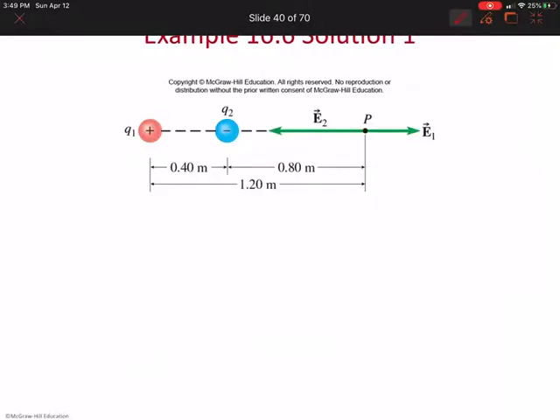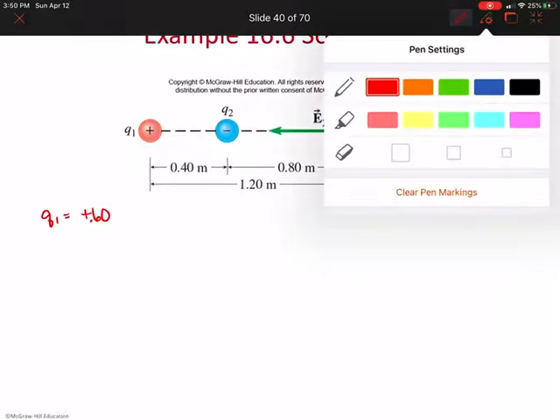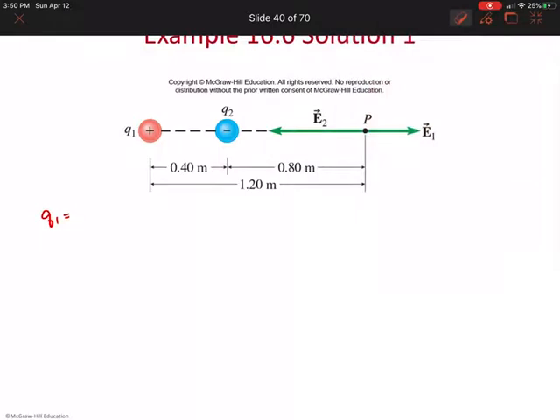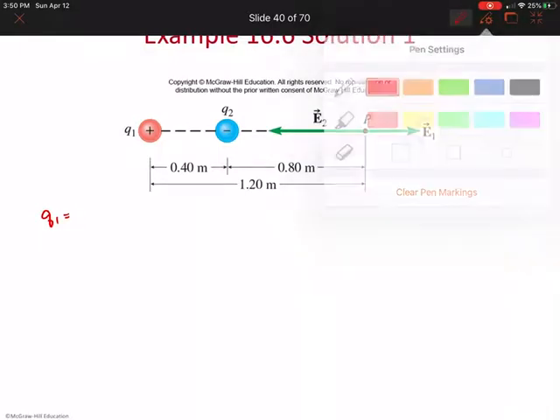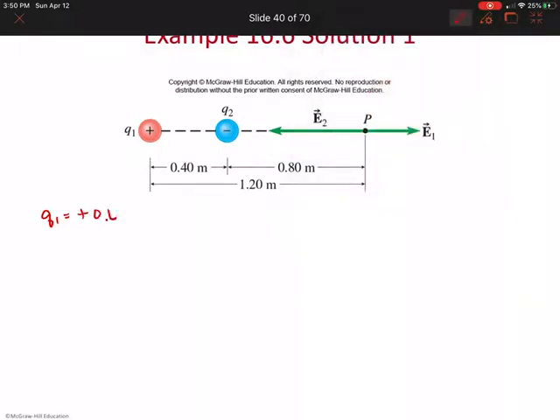Whenever we're doing this. All right, so let's write some information down. So we've got Q1 is plus 0.6. I really should have written a 0 there. I don't really like that. You guys know what I'm talking about, but oh well. I'm going to try to be as neat as possible.